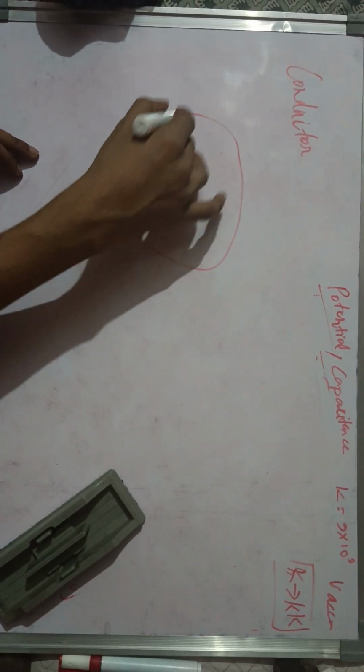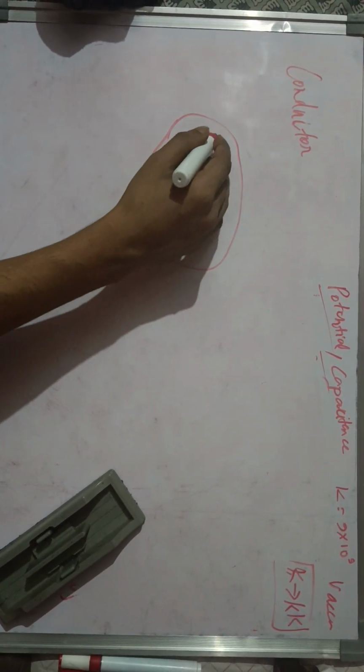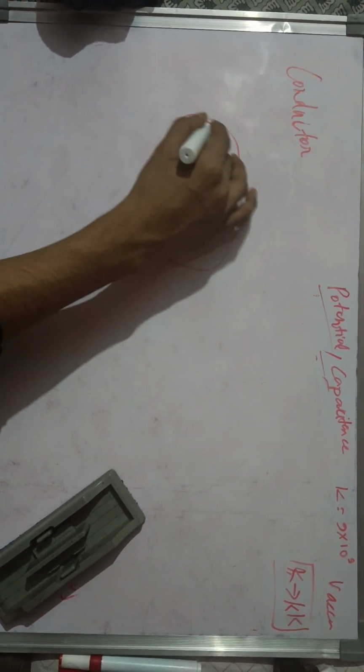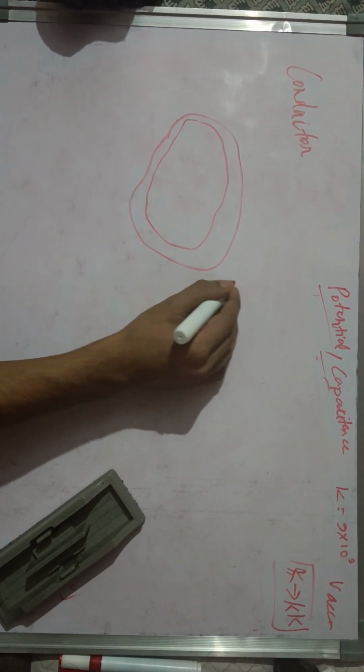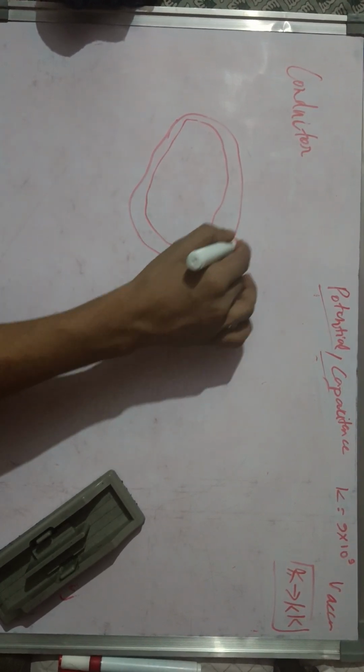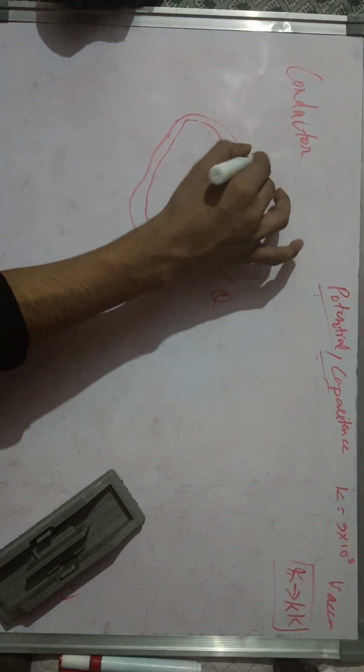If there is a closed conductor, let's say this is hollow, it has some cavity inside, and this is conductor. If I put some charge here, let's say q, then it will get spread everywhere.